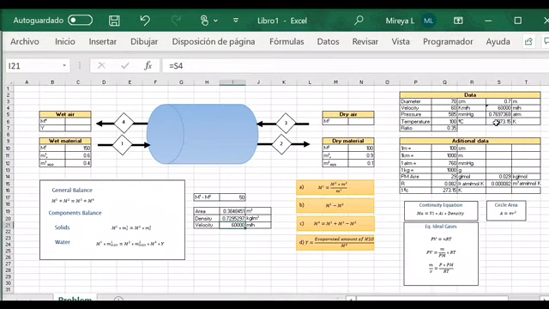Now that we have all the information, we will calculate the dry air current using the continuity equation. So now we can obtain the mass of the wet air current with the information here provided.